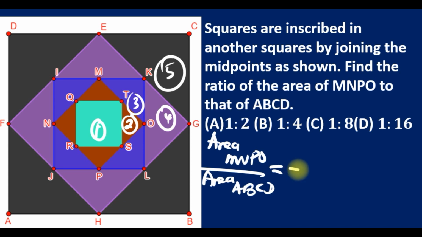Yes, because the ratio of areas of similar shapes is always the same as the ratio of the squares of their lengths. So the area of square MNPO, the side will be T2. Remember, I told you that the sides form a geometric progression, so we are using T as term. So this is T5, as that's the length of the longest square.